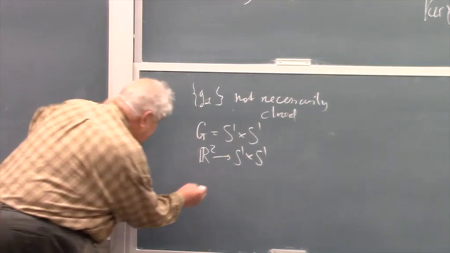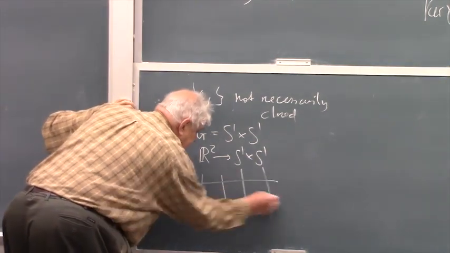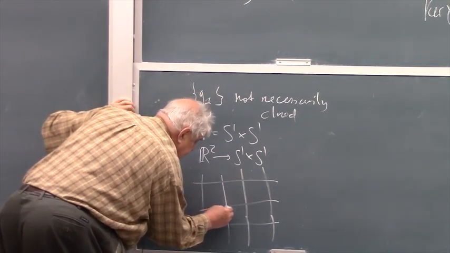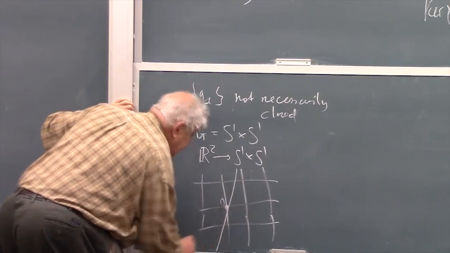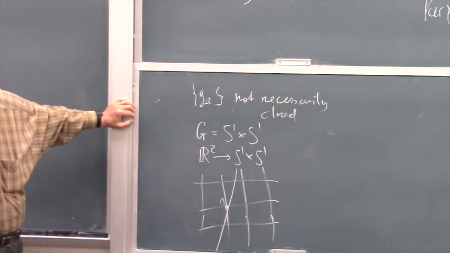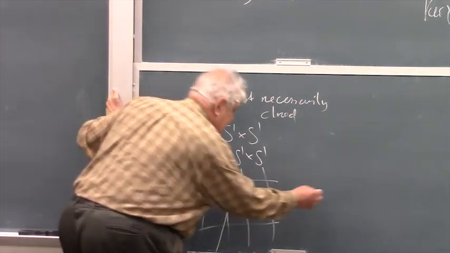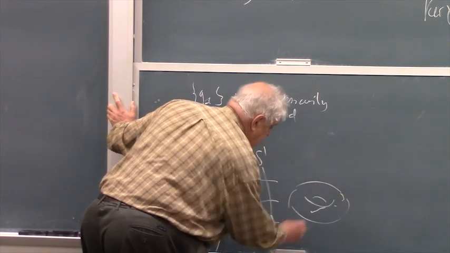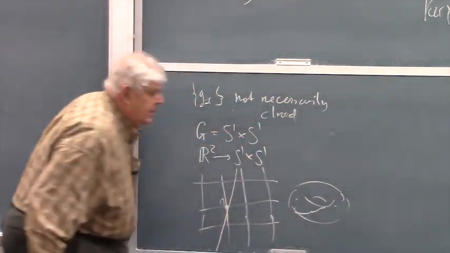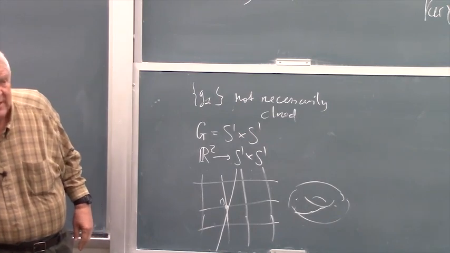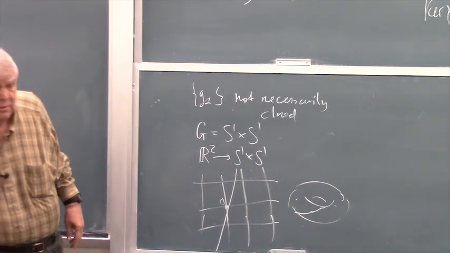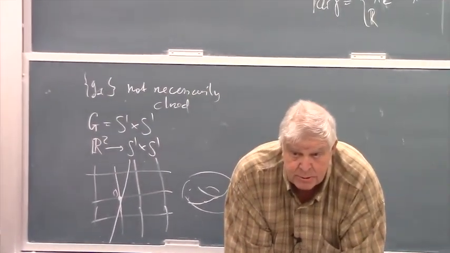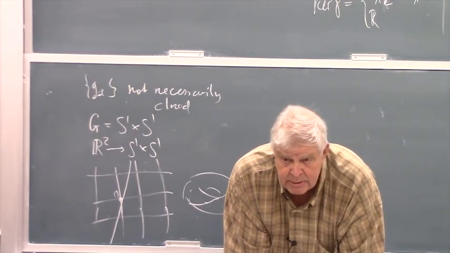You take the plane, and you take some straight line in the plane through 0, and its image in the torus. If the slope is irrational, then this curve on the torus will not be closed, actually it is dense in the torus. It is clear, right?